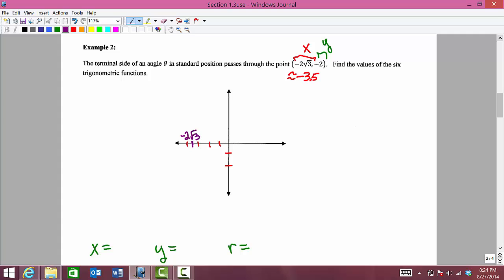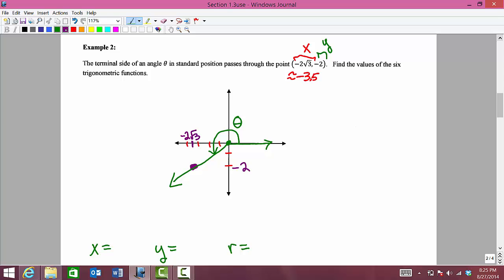And just get an approximate idea here. And so that point would be right about there. So we have our angle in standard position. So I'm going to put my vertex at the origin and my initial side here on the positive x-axis. And then my terminal side will go through that given point. And here is our angle theta.